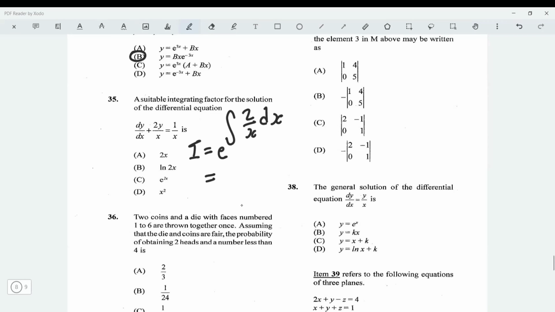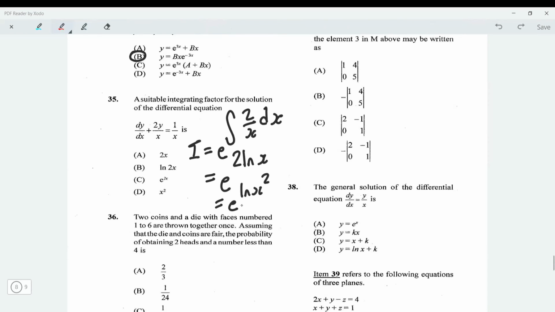When you integrate 2 over x, the integral of 1 over x is ln x, so this is 2 ln x. When you have e to the 2 ln x, you can bring up the power to write e to the ln x squared. Then e cancels the ln, so this is just x squared. That's the integrating factor, x squared.